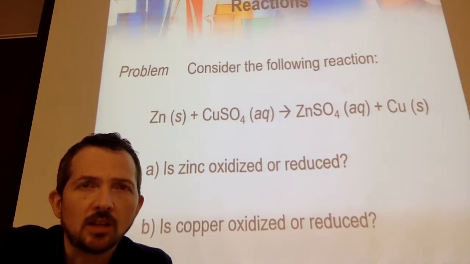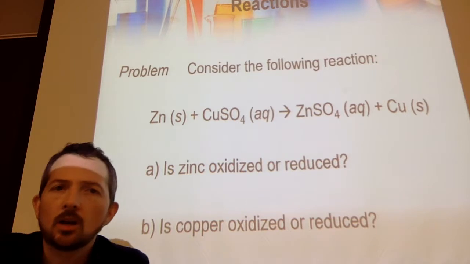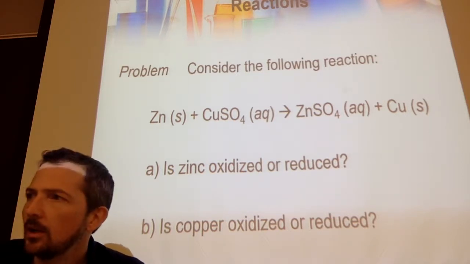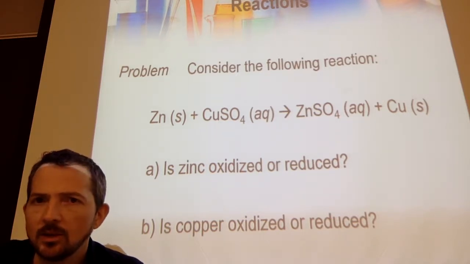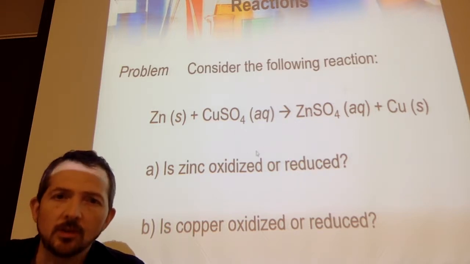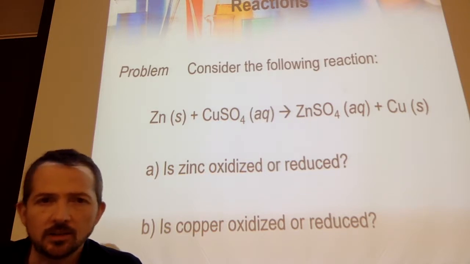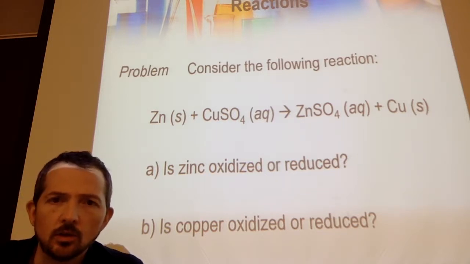Loss of electrons is oxidation, so zinc is oxidized. Copper here is 2+, here it's 0. It went from 2+ to 0, so it must have gained electrons. GER: gain of electrons, reduction. So copper is reduced.